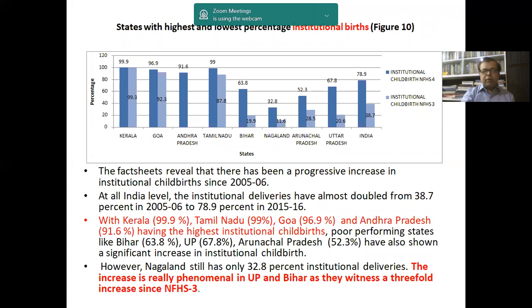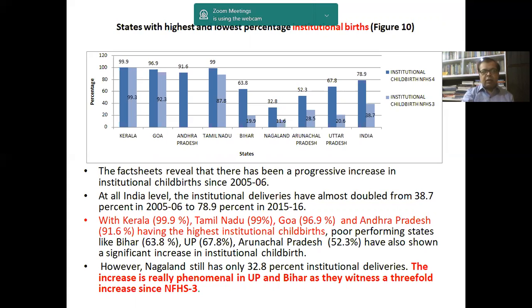Then let me very briefly address some of the other issues, as I was talking about the birth processes. Institutional birth is an important mechanism. I have included some of these slides from my other presentations. These are the latest data provided by NFHS 4, the National Family Health Survey 4.